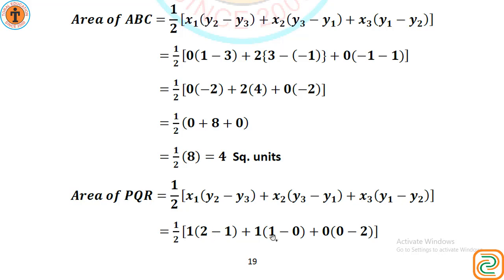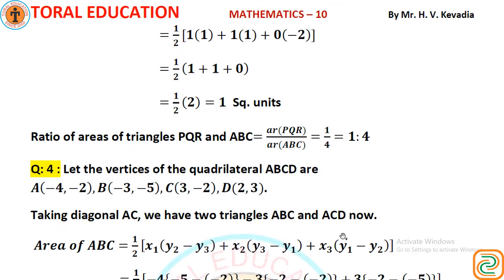Here also 1 into 1 because 0 is not considered, and here we will get 0. So here 1 plus 1 is 2, and 1 upon 2 into 2 is 1 square unit. Now the ratio of the areas of triangle PQR and ABC, area of PQR upon area of ABC. Area of PQR is 1, area of ABC is 4, so the ratio is 1:4.